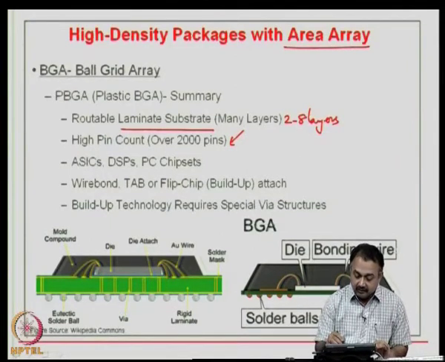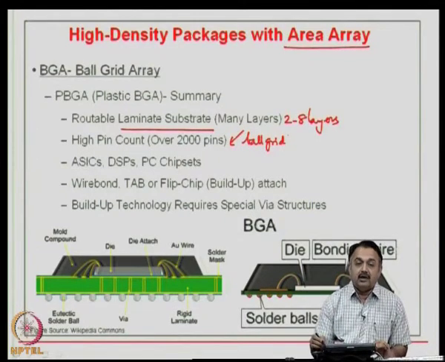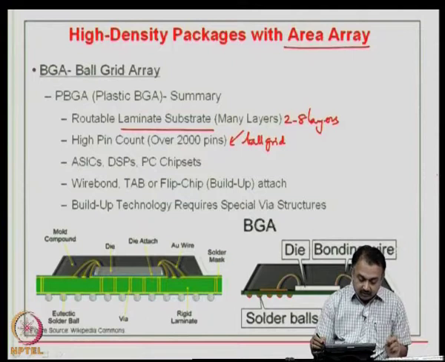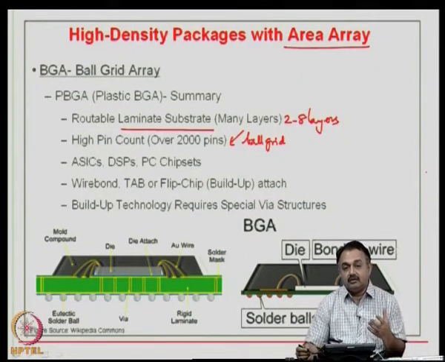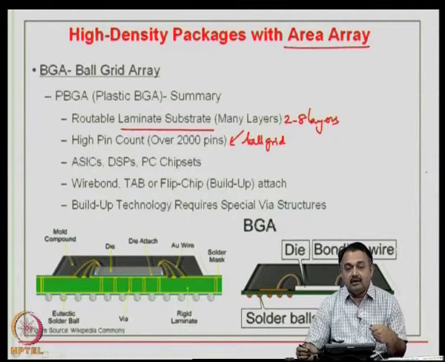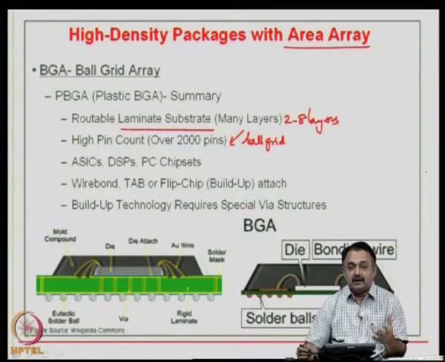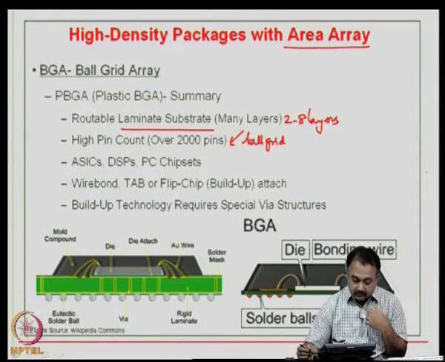So, assembling such a high pin count device onto your organic substrate is going to be a major challenge, but as I said earlier, because of the controlled collapse and self alignment, basically due to the surface tension provided by the solder balls, you actually get very high yield or throughput per process.